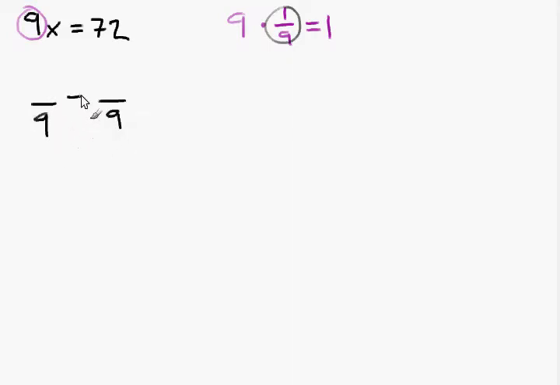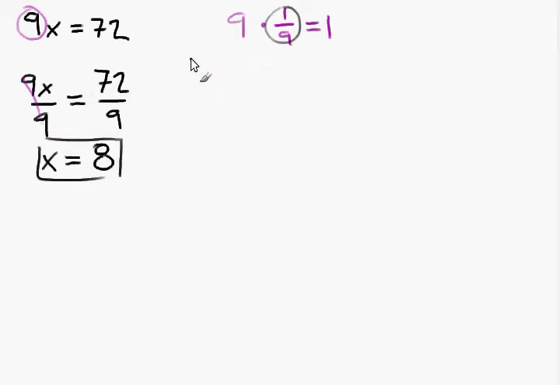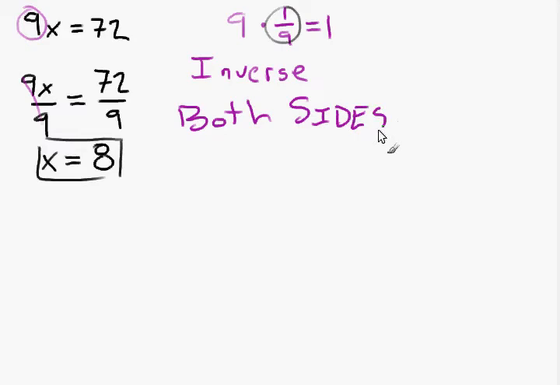So that's the operation I'm going to perform. Now I'm going to fill in the rest of my equation around it. 9 divided by 9 is 1. Left-hand side reduces to x. 72 divided by 9 is 8. And that's what my right-hand side reduces to. And again, what we're doing is we're using the inverse operation on both sides.